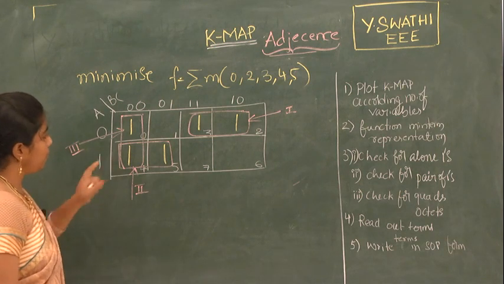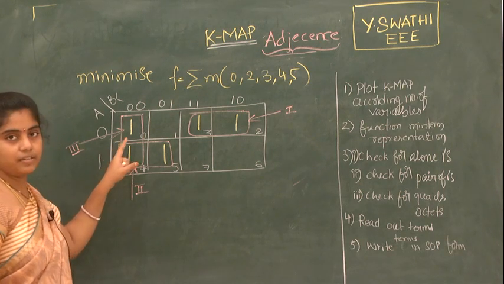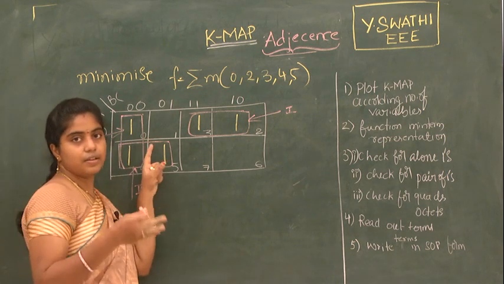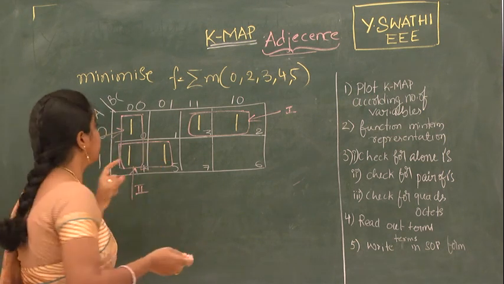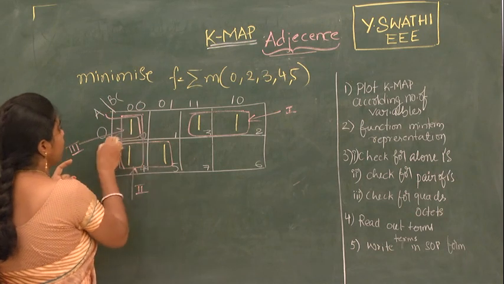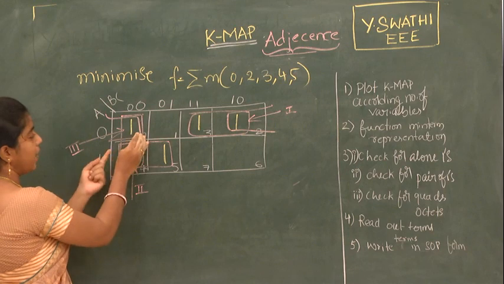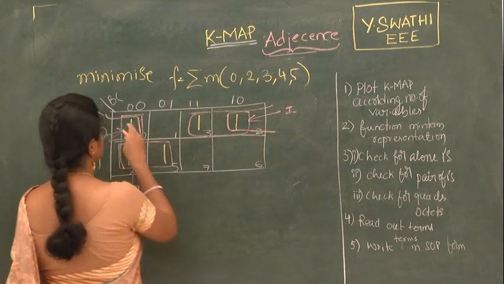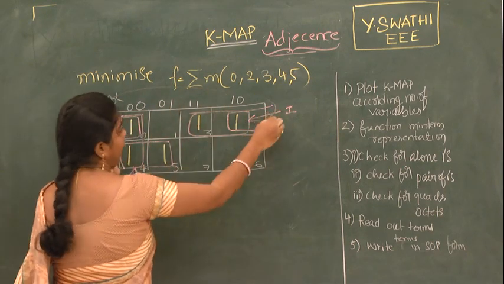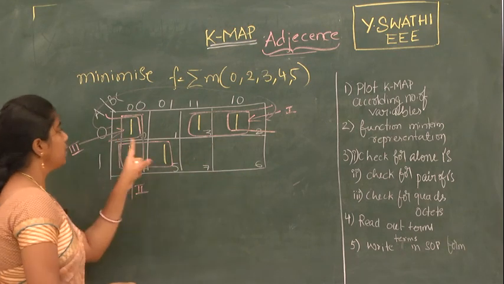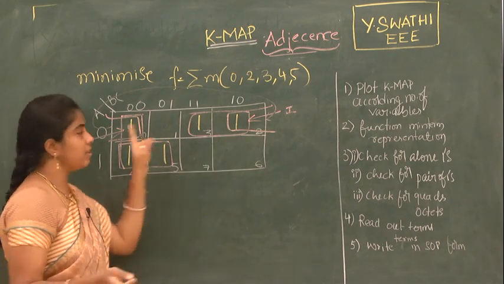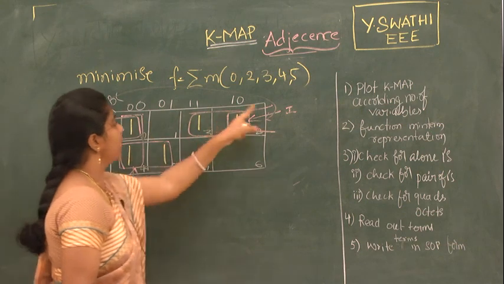Now, by the rolling technique which we discussed in the last minimization example, this can also be considered, because M0 is adjacent to M2. By this rolling, these ones are adjacent to each other, so you can take the pair like this.